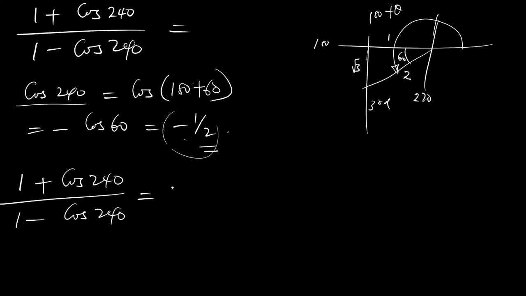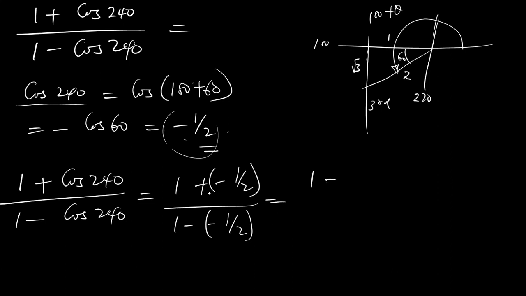So this is equal to 1 plus minus 1 all over 2 divided by 1 minus minus 1 all over 2. So 1 plus times minus will give you minus 1 all over 2, divided by 1 minus times minus will give you plus 1 over 2.